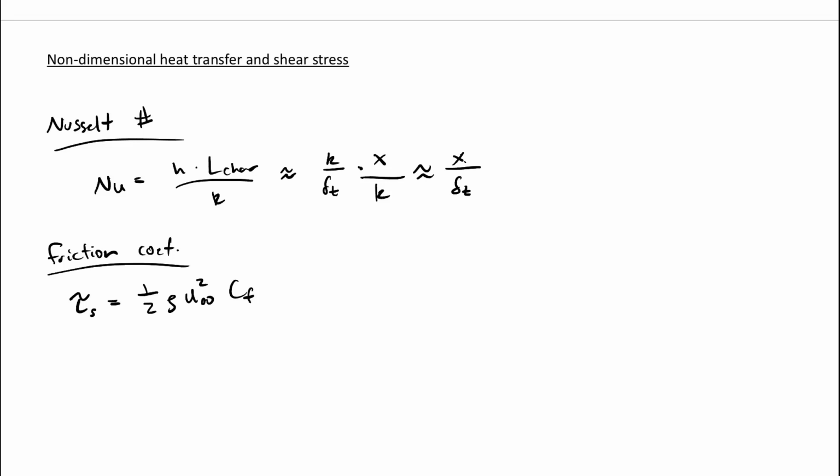So we have shear stress represented as the product of the momentum of the fluid, 1/2 rho U infinity squared, times some coefficient. If all of the momentum in the fluid that's moving goes into shear, it's lost to the shear part of the force balance, then CF is going to be 1.